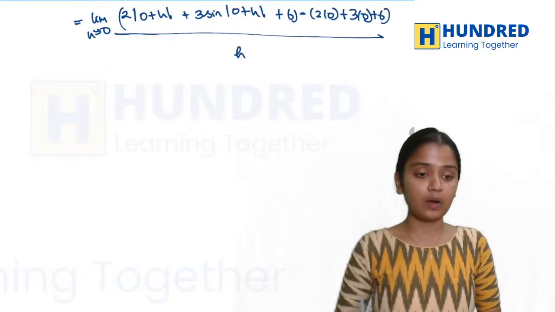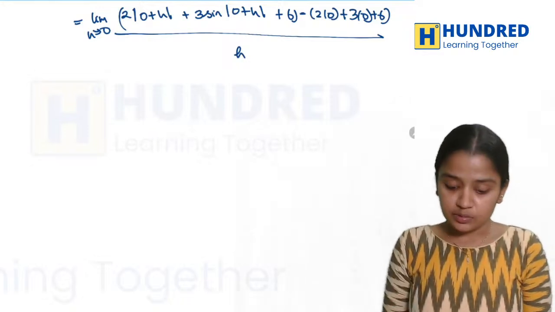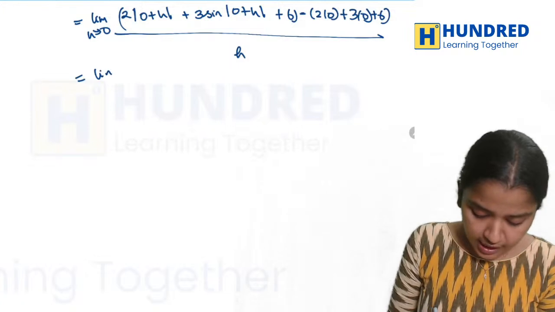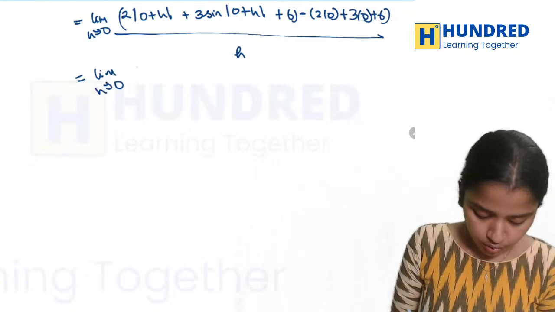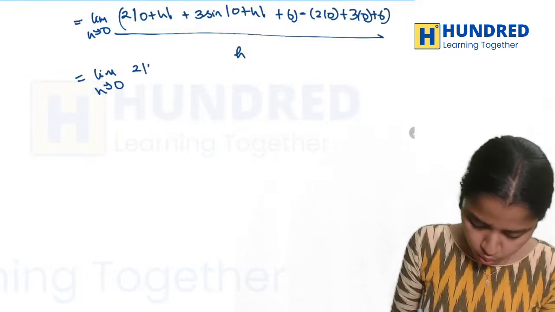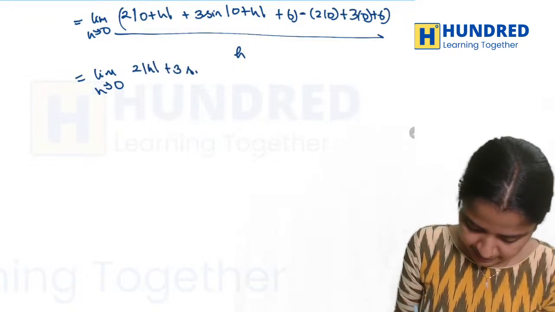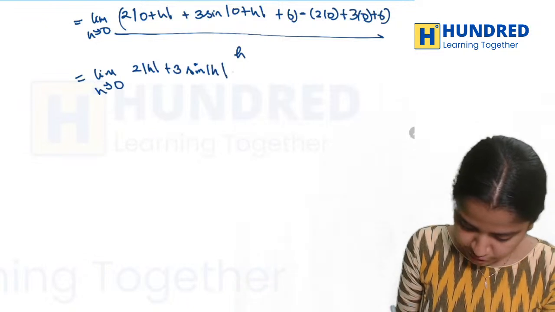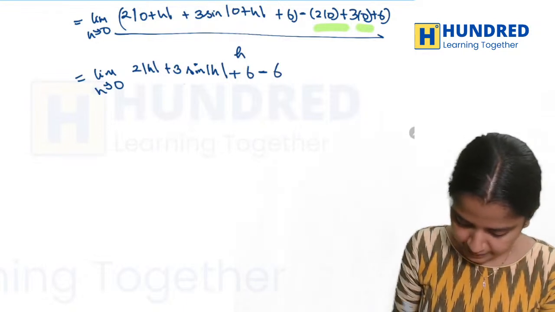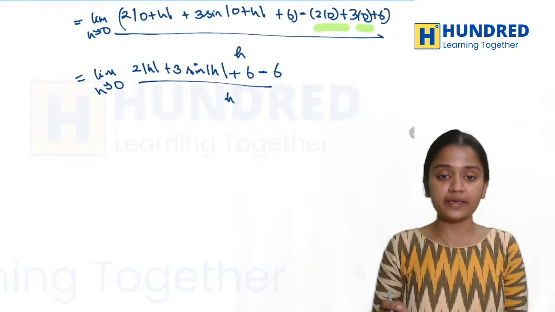Further, it will be limit h tends to 0 of 2 mod h plus 3 mod sin h plus 6, minus 6 for the 0 term, divided by h.